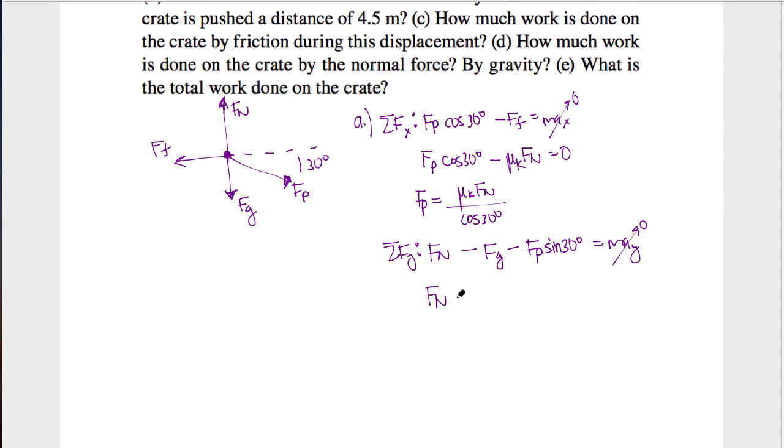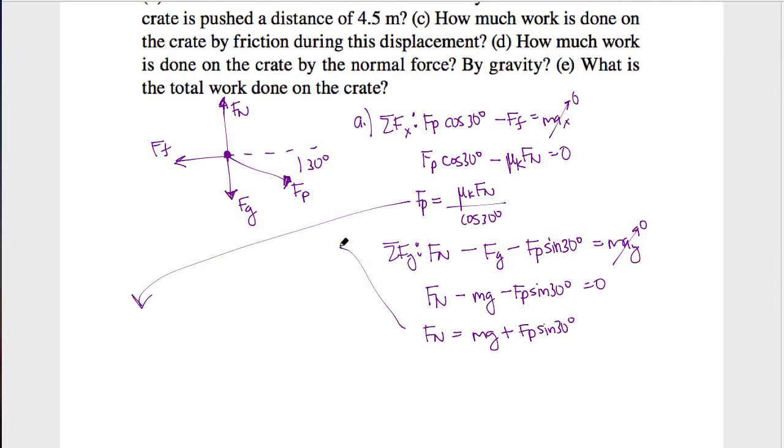So I'm going to solve for normal force eventually, but I can go one step here and say Fn minus mg minus Fp sine 30 is equal to 0. And solving for normal force, I have normal force is equal to mg plus Fp sine 30. And so I'm going to substitute that in over here. So I actually regret having the cosine 30 there, so I'm going to go up one step now that I think about it. So I'm actually going to go to this step here.